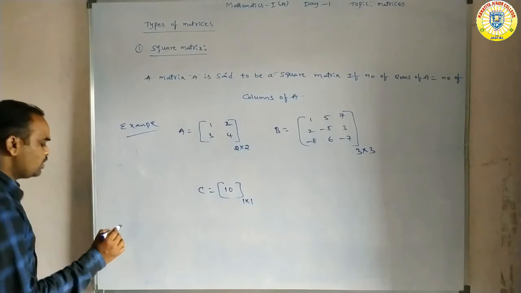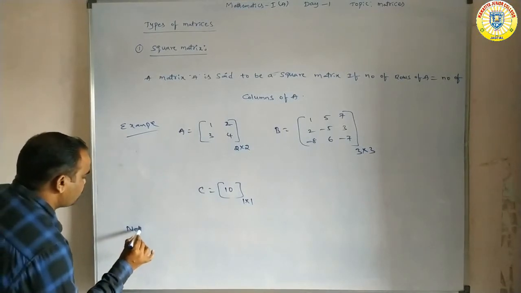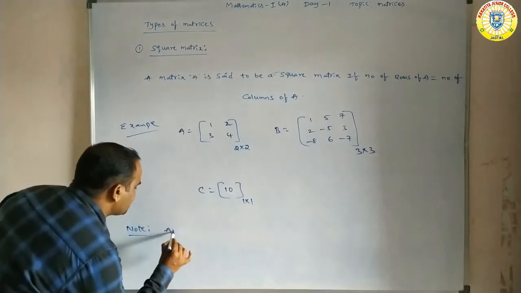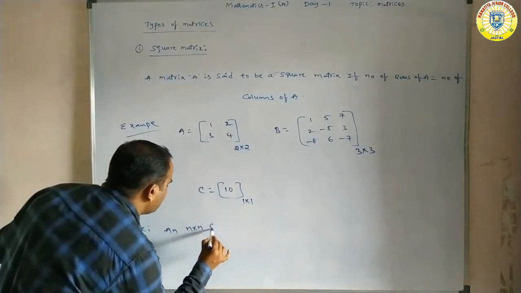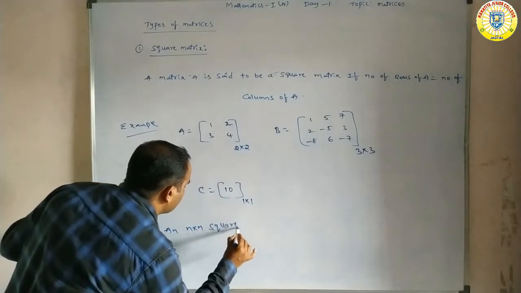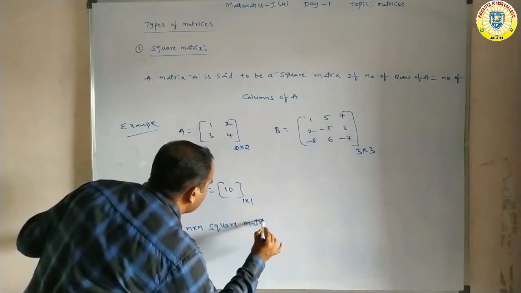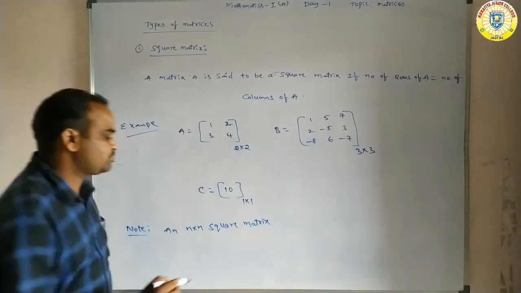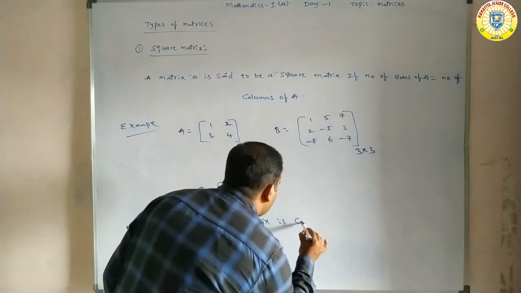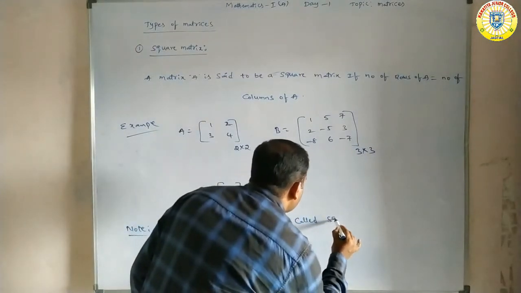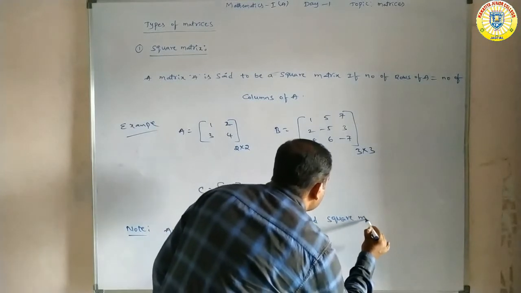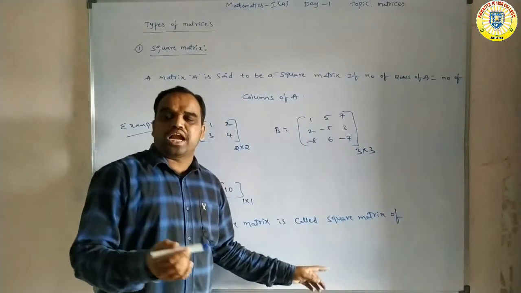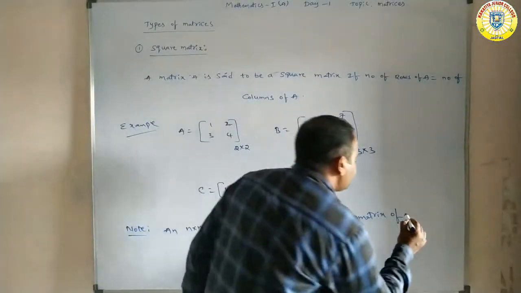Now we have one note here. Listen carefully. An n cross n matrix is called a square matrix of type n.